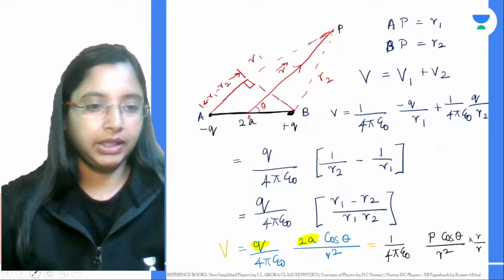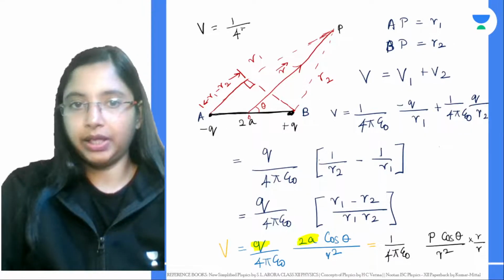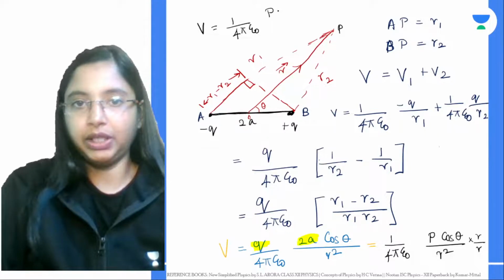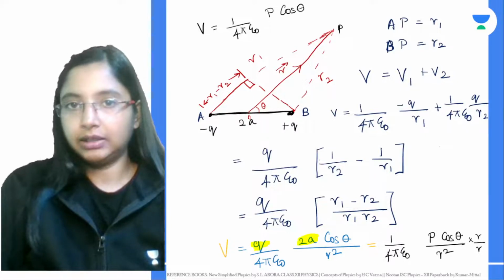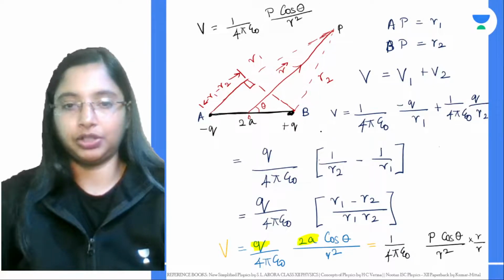So finally, the equation that you're getting is V is equal to 1 by 4 pi epsilon naught, the magnitude equation will be P cos theta divided by R square. That's the magnitude of this potential equation.